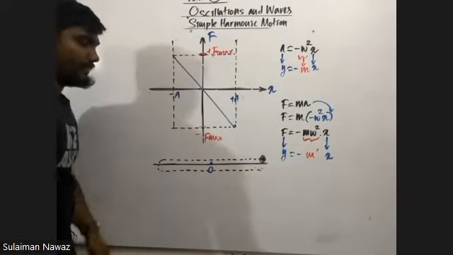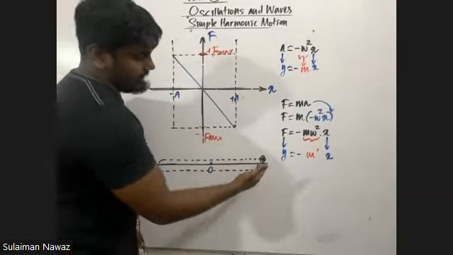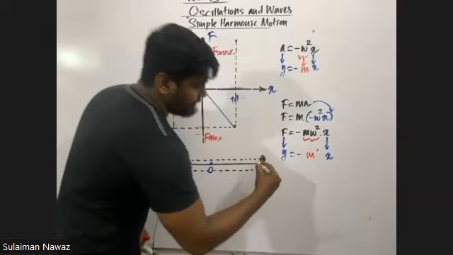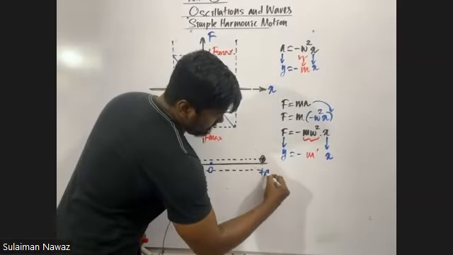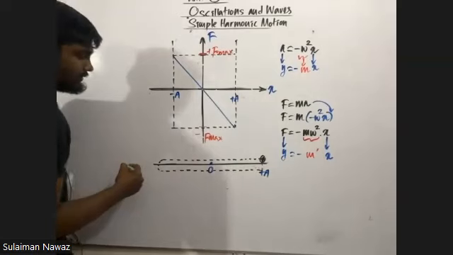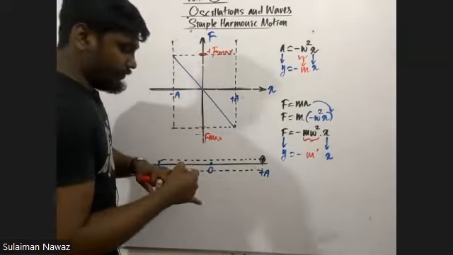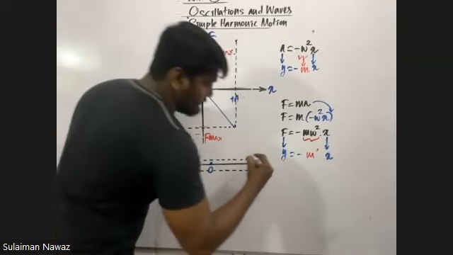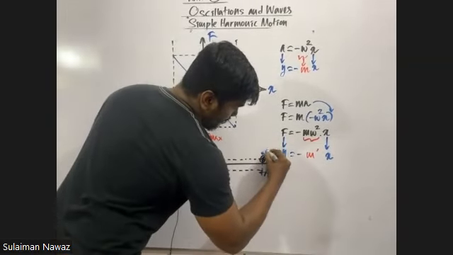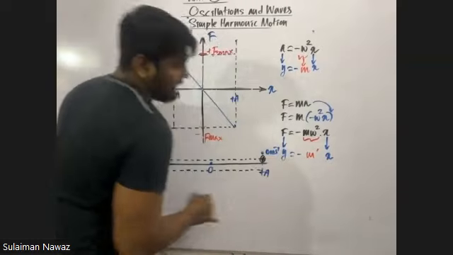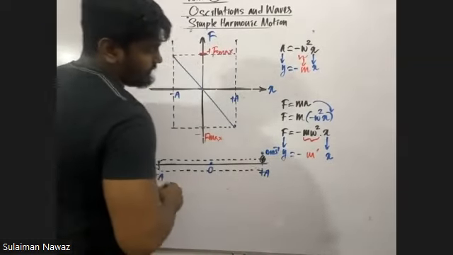Right. Graph, look at it. Now the summary. Let's say now this object is at amplitude plus a and negative amplitude minus a. At the amplitude, velocity is zero.